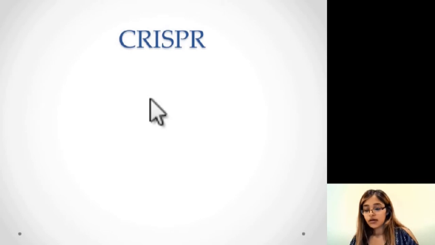So we're gonna go ahead and talk about CRISPR now. What CRISPR stands for is clustered regularly interspaced short palindromic repeats. What this is pretty much is just a mechanism that is used by bacteria to fight against phage infection.